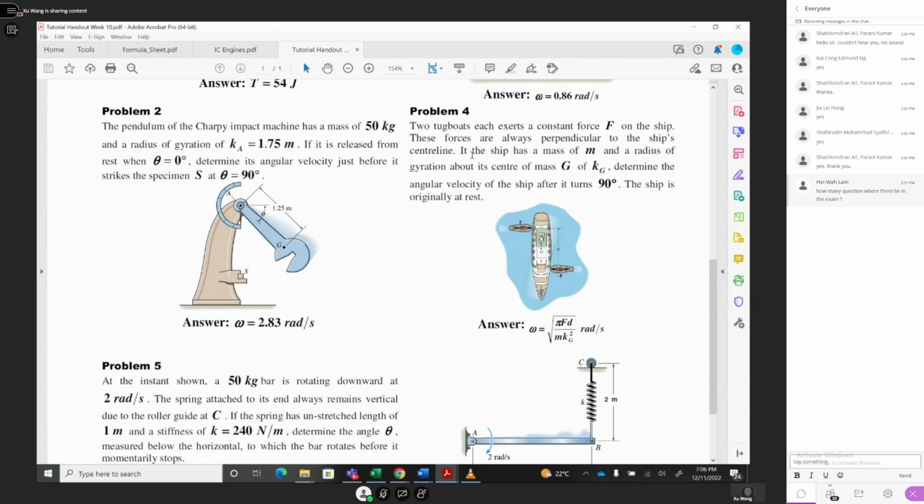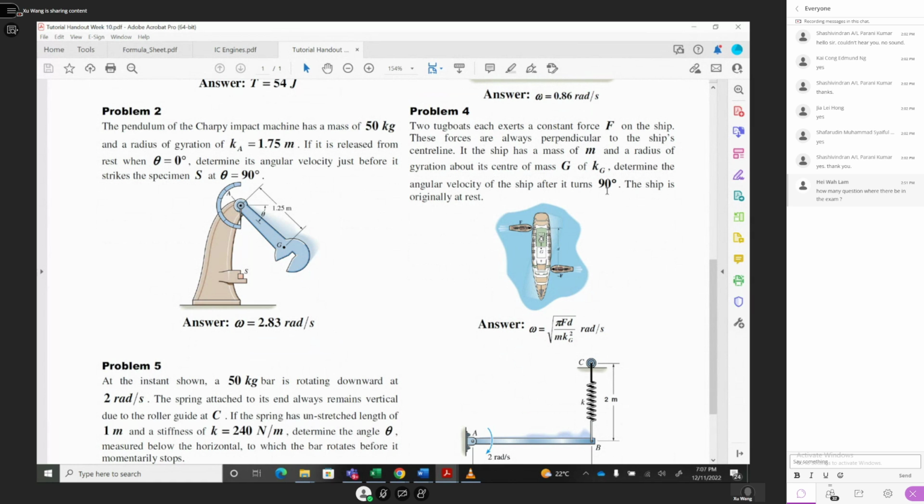If the ship has a mass and also a radius of gyration, the mass times the radius of gyration squared, m k squared, equals the rotational inertia. Determine the angular velocity of the ship after turning 90 degrees. 90 degrees is half of pi, right?